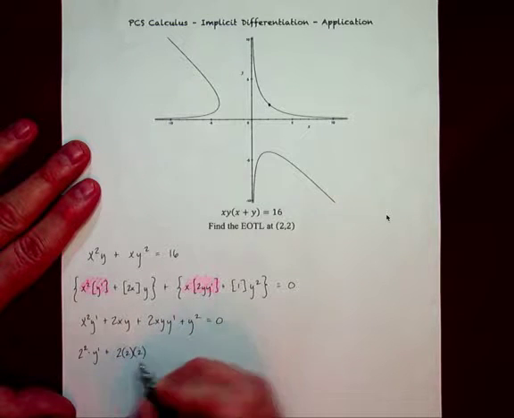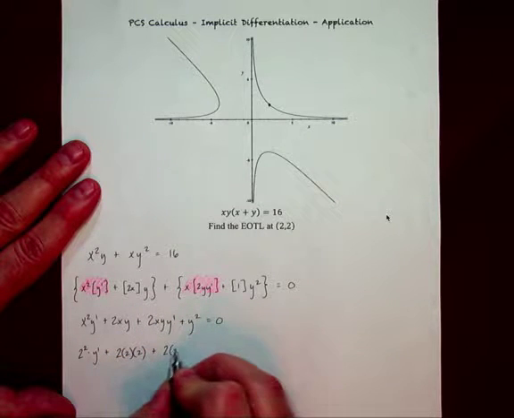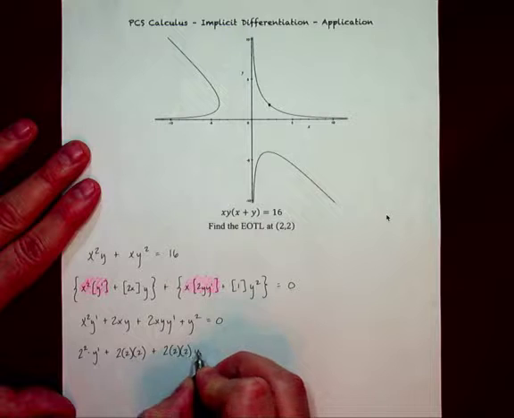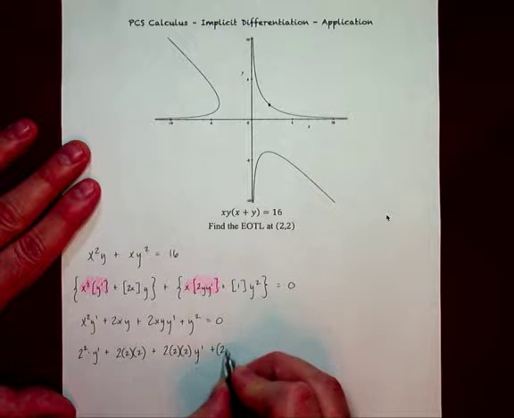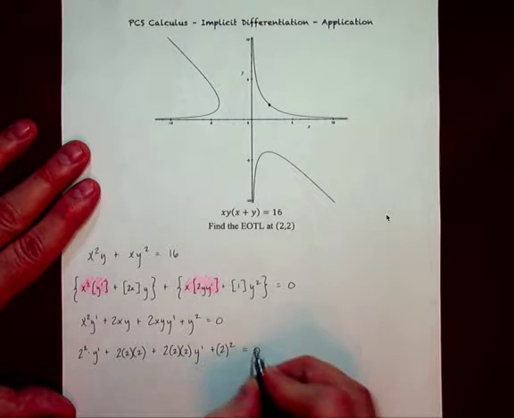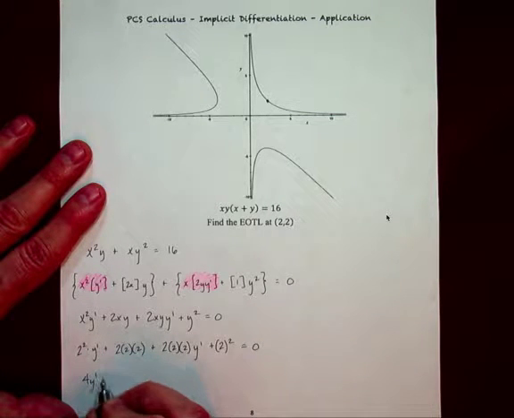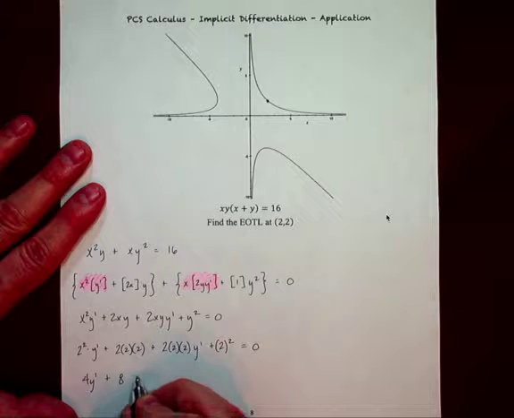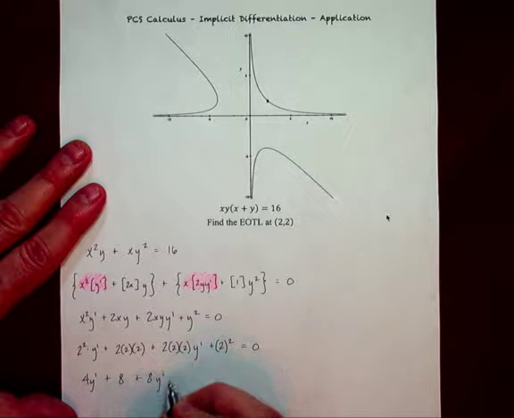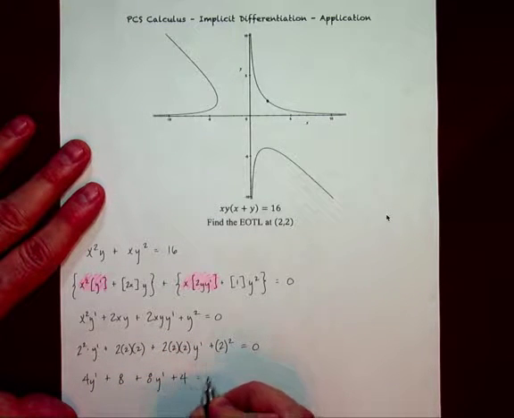Now, if I want to plug in 2, 2, I simply get 2 squared times y prime plus 2 times 2 times 2 plus 2 times 2 times 2 times y prime plus 2 squared is equal to 0. This winds up being 4y prime plus 8y prime plus 4 is equal to 0.